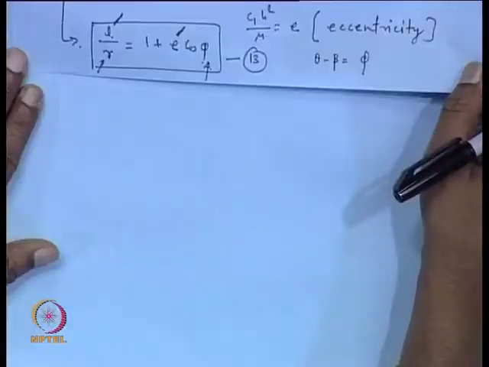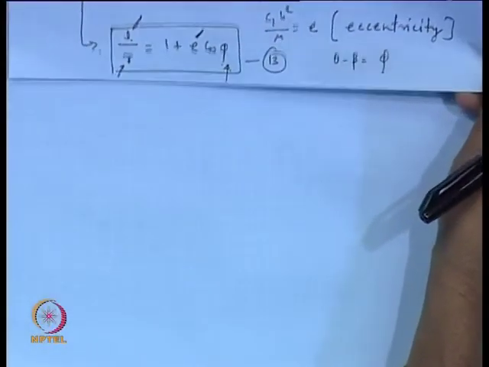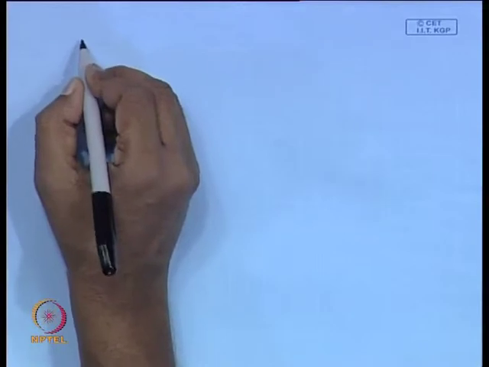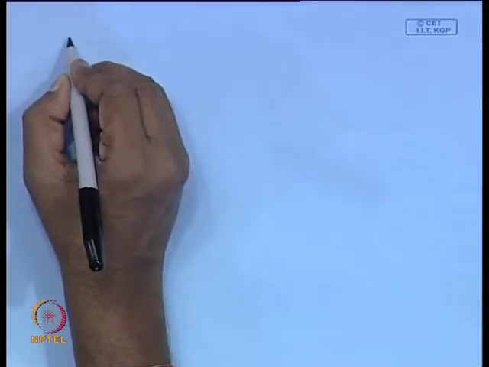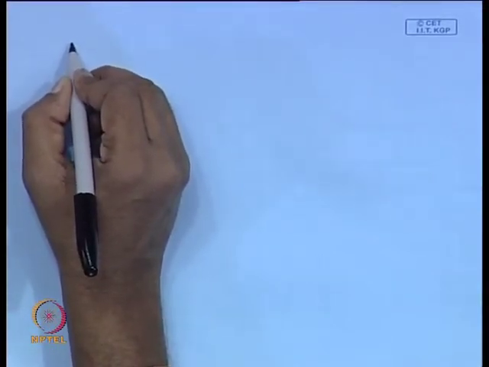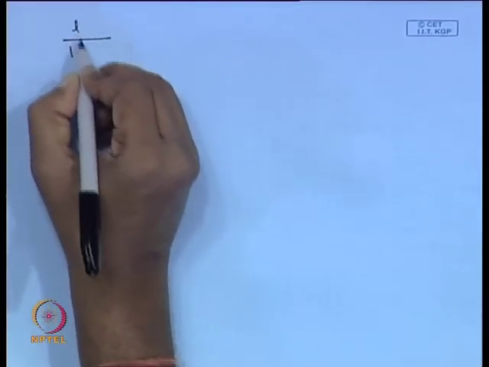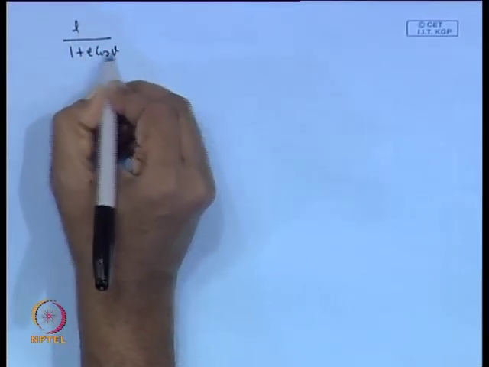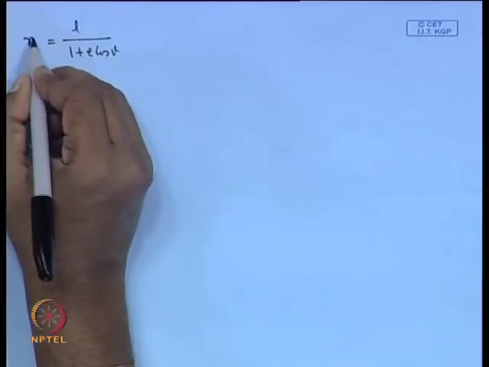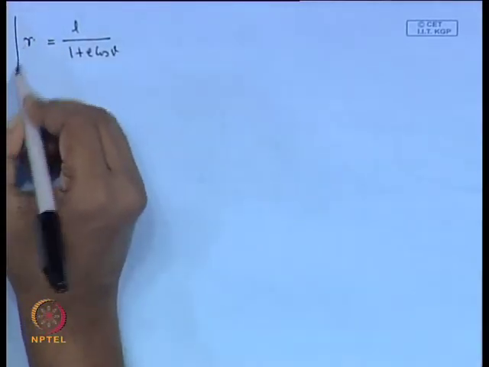We will leave it at this stage. Further, we can write this as L by 1 plus E cos theta is equal to r.